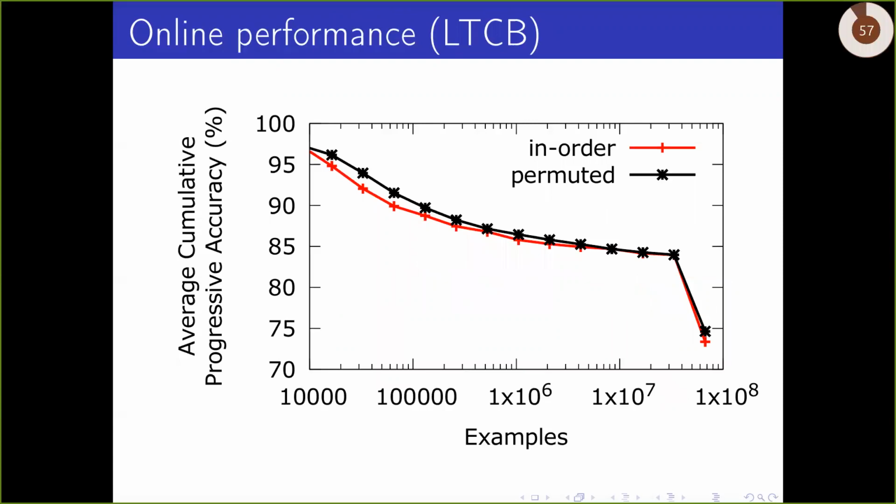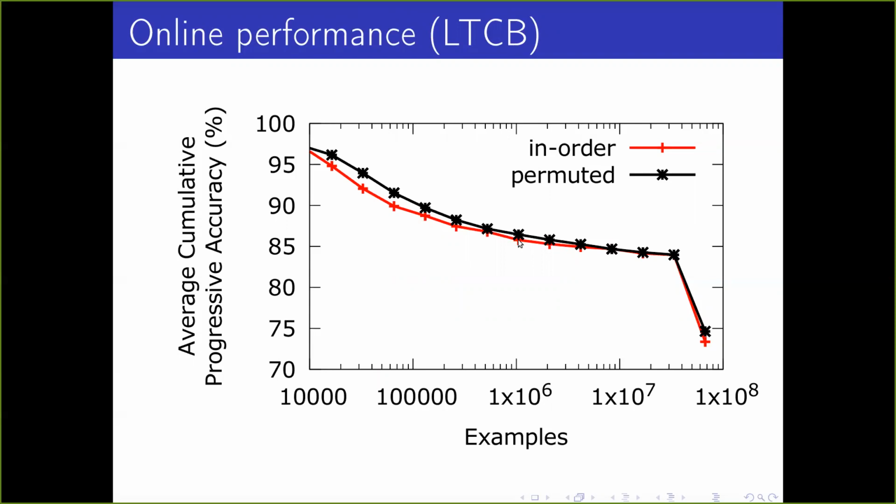Another thing which is enabled by these algorithms is that you can actually do online logarithmic time learning. We found another data set, LTCB, where there was actually some ordering to things. You can run through in order, and you can see that your performance is actually better than if you run through on a permuted version of the data set.